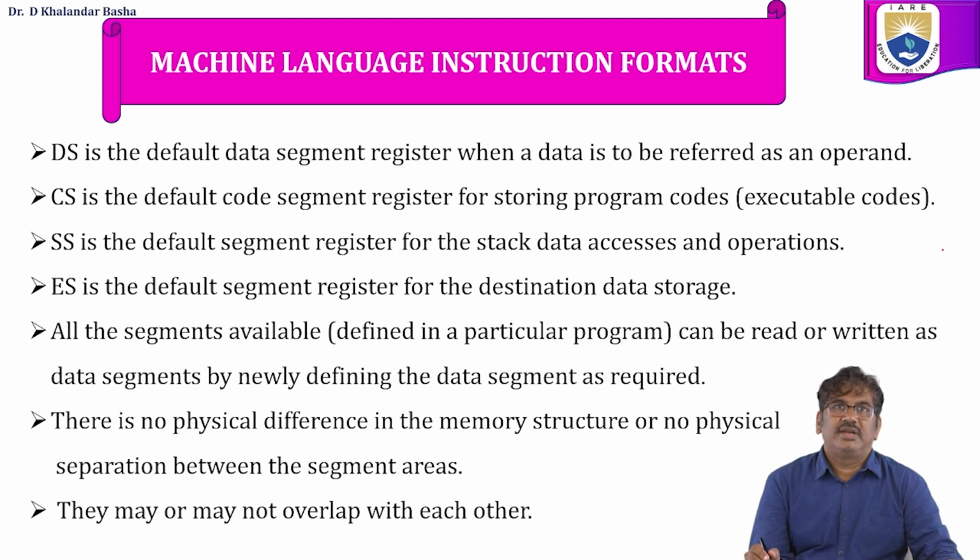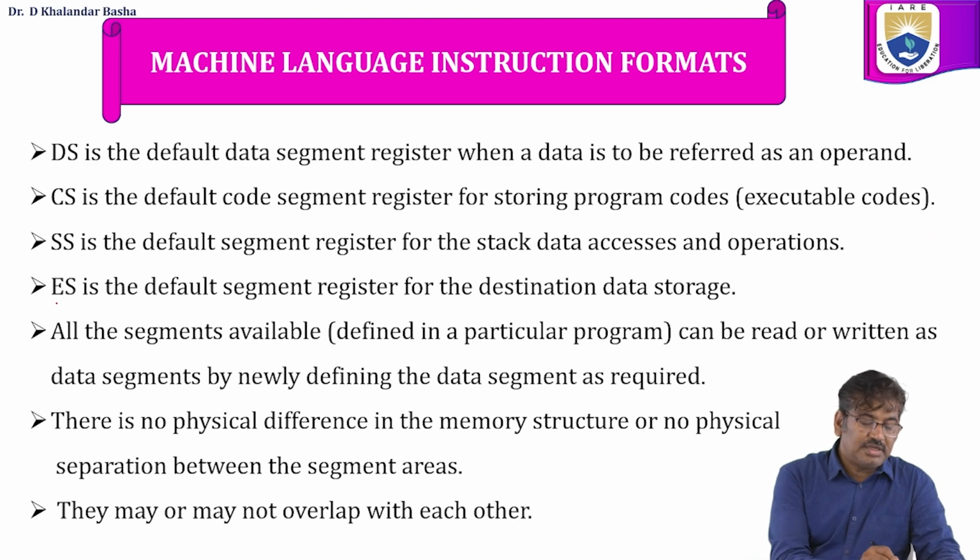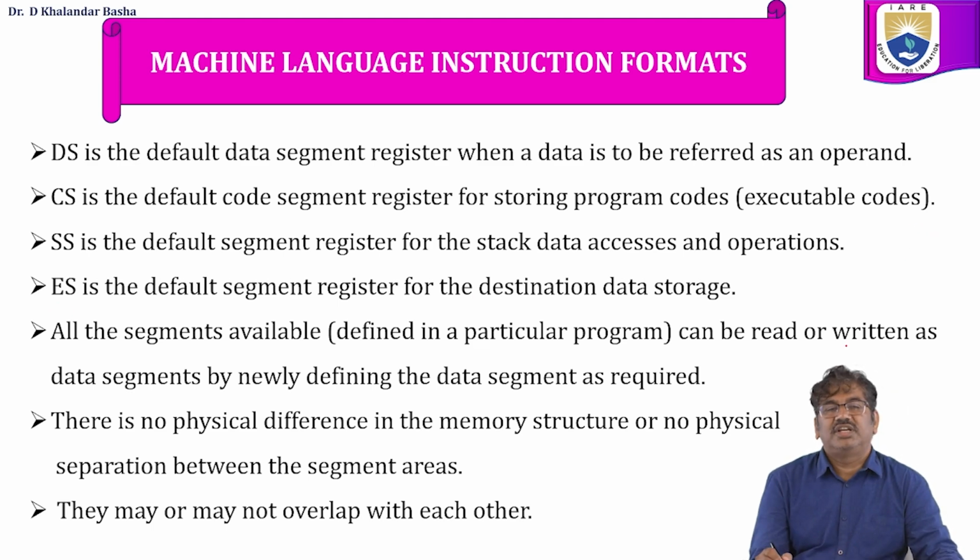And the code segment is the default register for storing program codes, which are executable codes. SS is the default segment register for stack data access and operations. Next, the extra segment register ES is the default segment register for destination data storage.